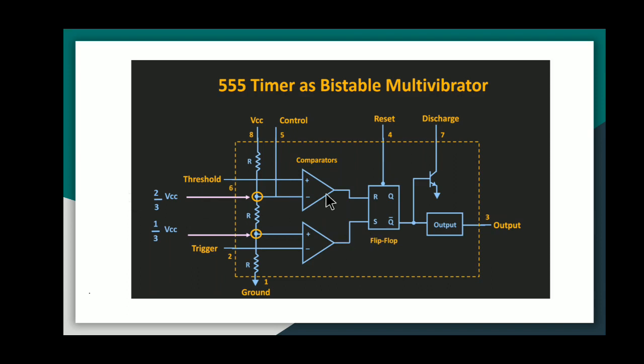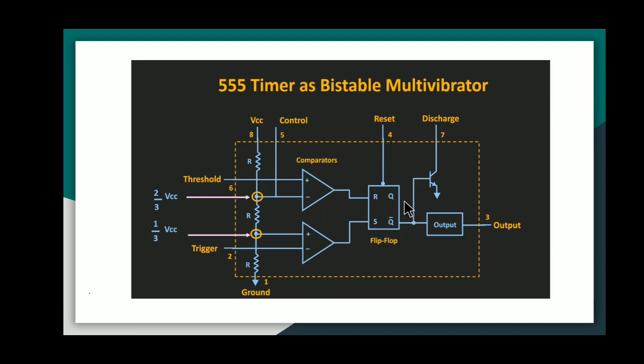Since the outputs of comparator 1 and comparator 2 are connected to R and S respectively, the values of S and R are equal to 0, and we know that when S and R are equal to 0 in an SR flip-flop, the flip-flop will retain its previous state.